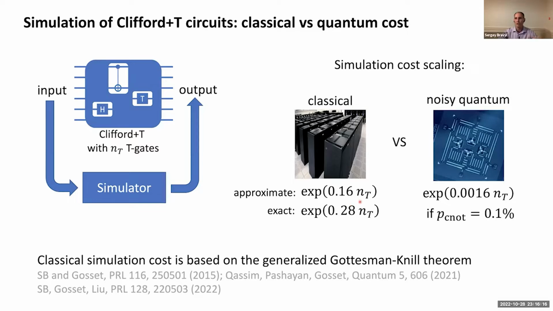But if you go to 100 T gates or more, this exponential scaling kicks in and simulation becomes completely impractical. But in the quantum case, the exponential scaling is sufficiently mild that we can simulate about 10,000 T gates, assuming that physical CNOT gates have error rate about 0.1%.